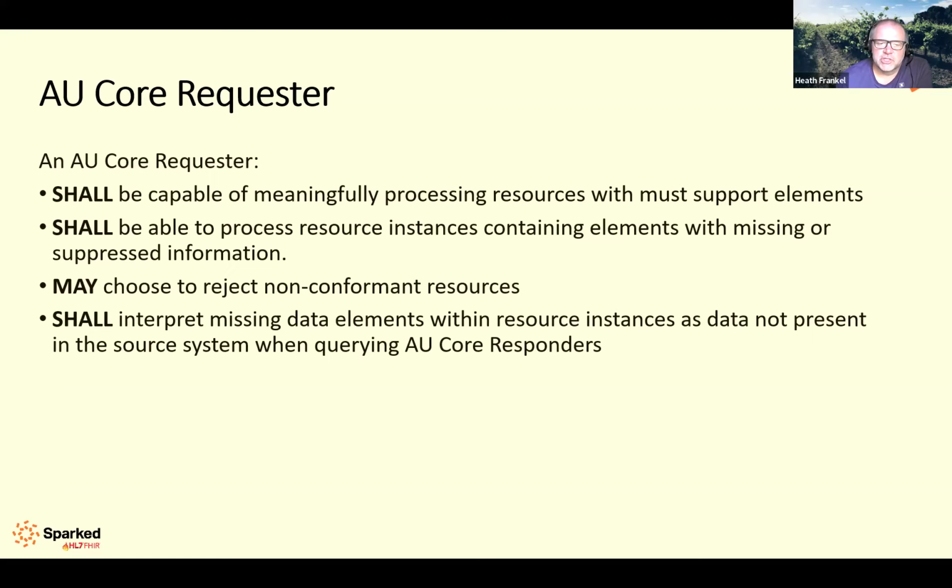We may choose to reject non-conformant resources, and we shall interpret missing data elements within resource data. I think this is potentially where we're starting to have more trouble in our understanding: around the requester, not so much on the producer or the responder.